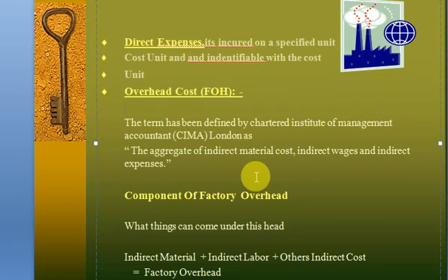For example, we are constructing a building. So the building is the cost unit, and where the cost is consumed, where there is a need of the cost, that is called the cost center. So in constructing the building, the rooms are the cost centers, and the total building is the cost unit.